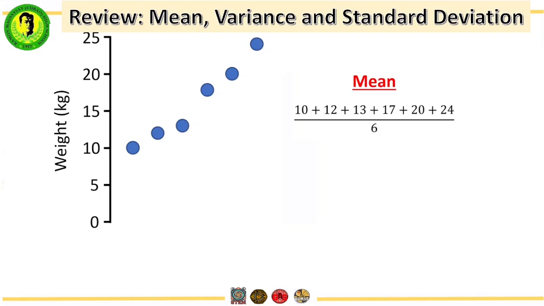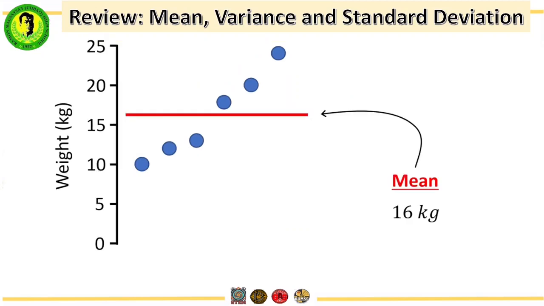So again, how do we get the average or the mean? We will just add all the data divided by how many participants. The sum of this divided by 6 is 16 kilograms. So that will be the mean. And if we mark this on our graph, you will see that the data is dispersed with respect to the mean.